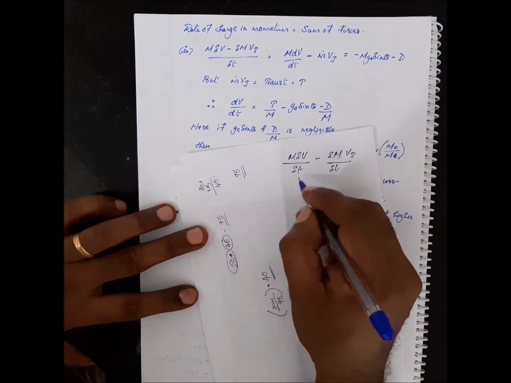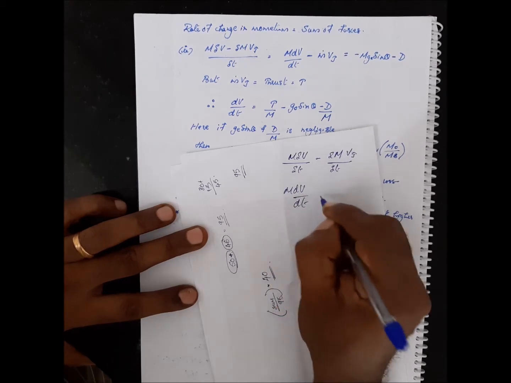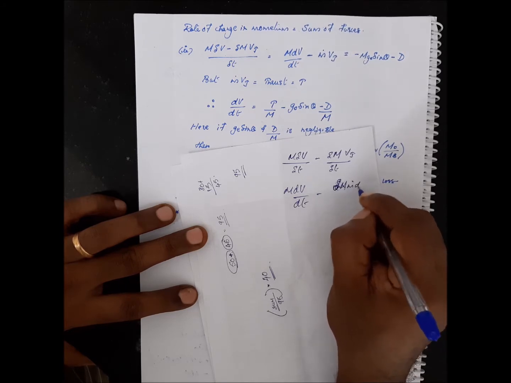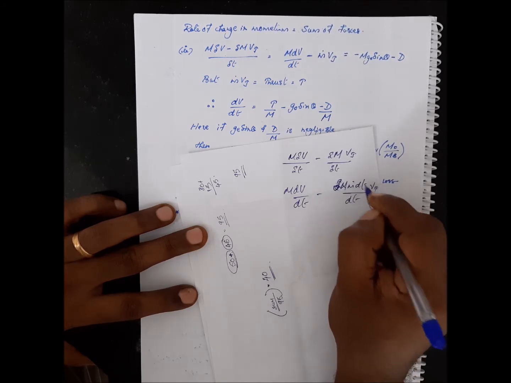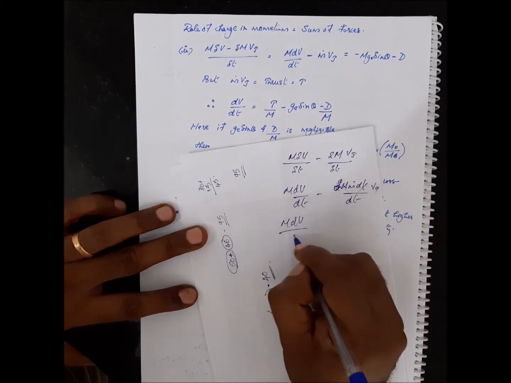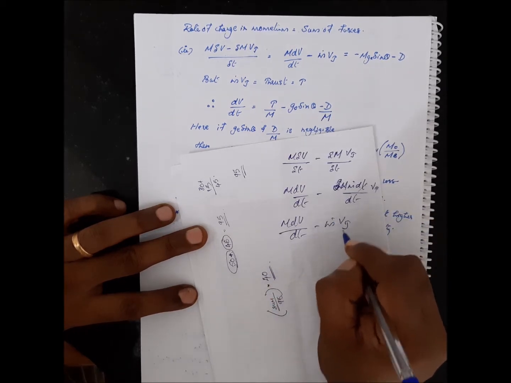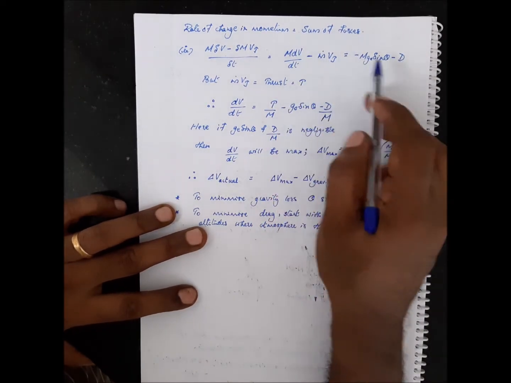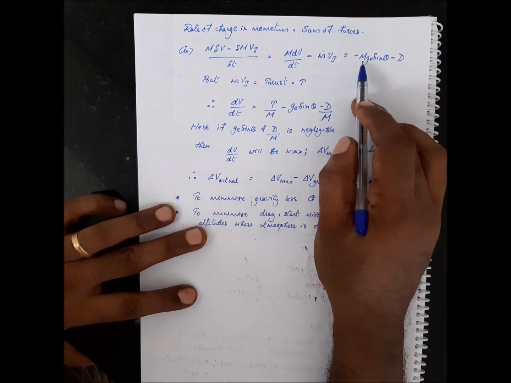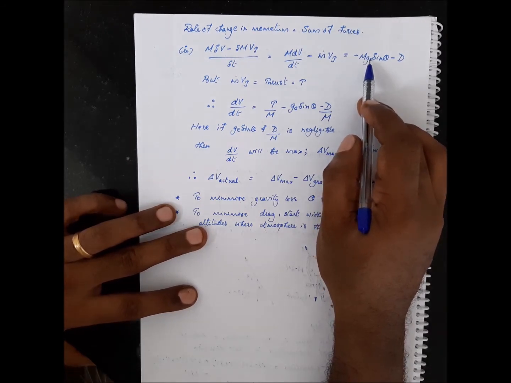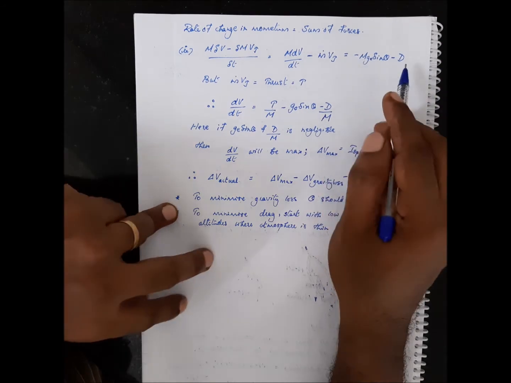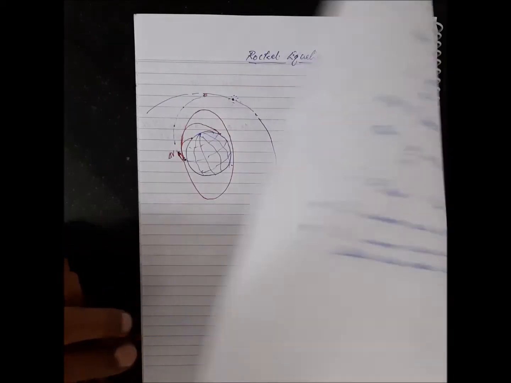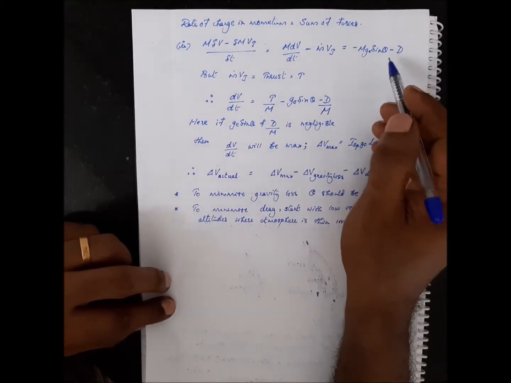As delta t tends to 0, this becomes m dv by dt minus dm by dt times vj, which is m dv by dt minus m dot vj. This equals the sum of forces: the mass of the rocket times g sine theta, minus drag D. You can refer to this figure if you have any doubt.